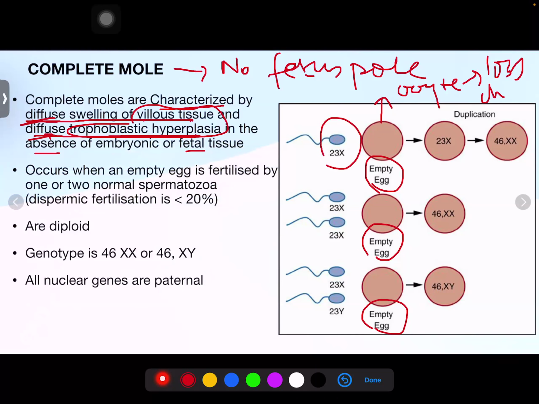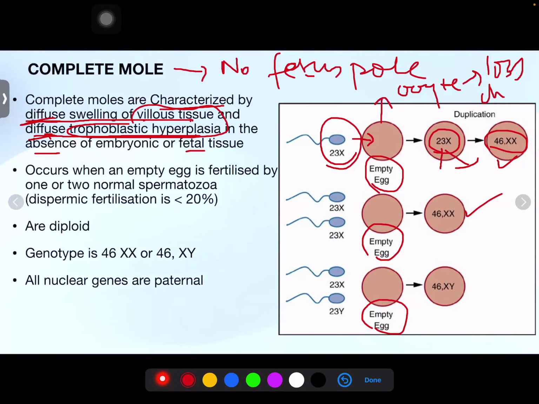The sperm enters an empty egg and then duplicates. Because only the sperm's genetic material, 23X, is present, it duplicates into 46XX. Basically the karyotype would be a normal karyotype, 46XX, a normal female karyotype.